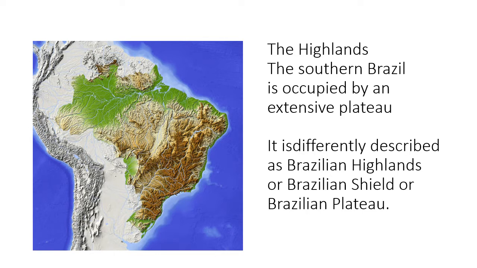In this map, we can clearly see the Brazilian highlands. A large part of Brazil is occupied by these highlands. These highlands are described as Brazilian highlands or Brazilian shield or Brazilian plateaus. These lie in the southern part of this South American continent.